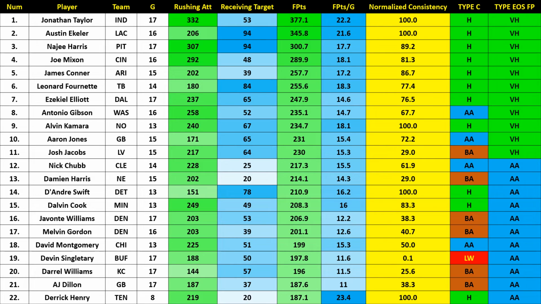And then there's fantasy points per game. And then here's the player's consistency number here, in the yellow. And then I graded every player's consistency basically by 4 quadrants. The highest, above average, above the 50%, below average, below 50, and low is below 25%.